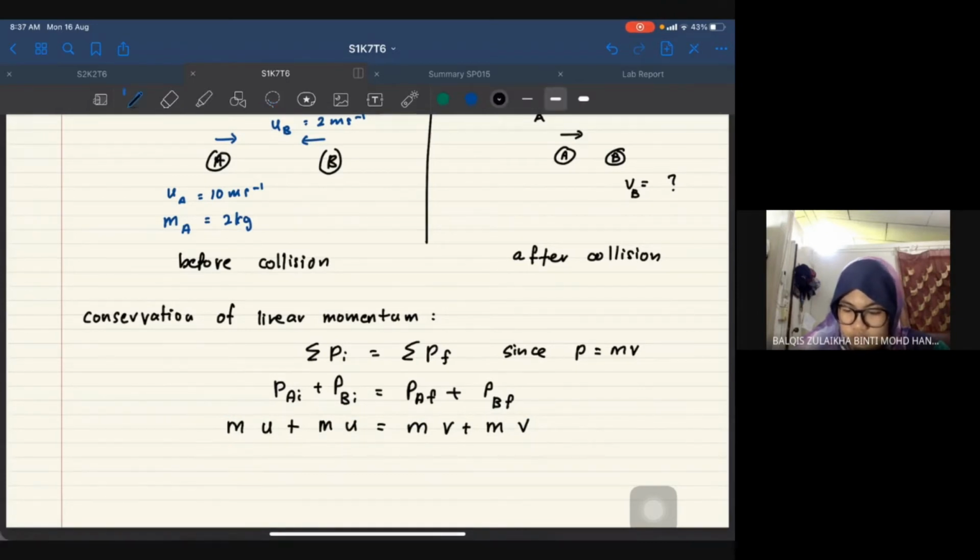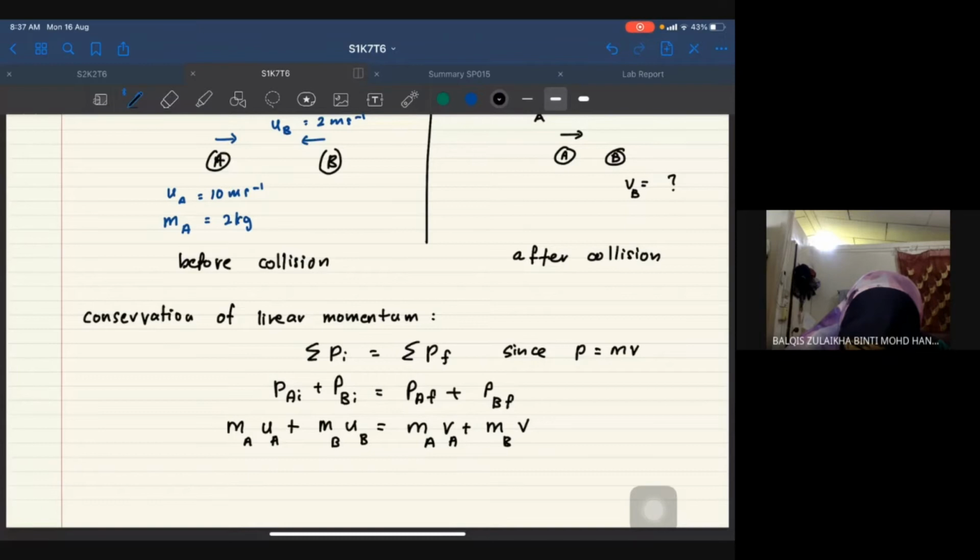So we have initial momentum A, initial velocity for A, mass B, U. Okay.